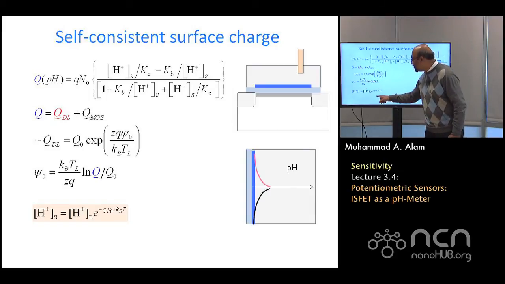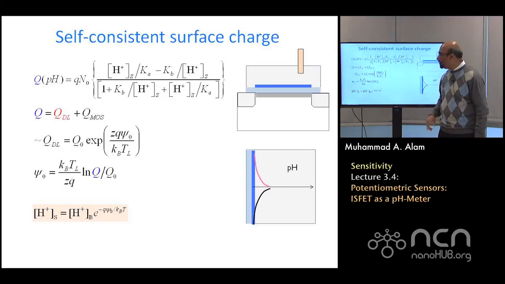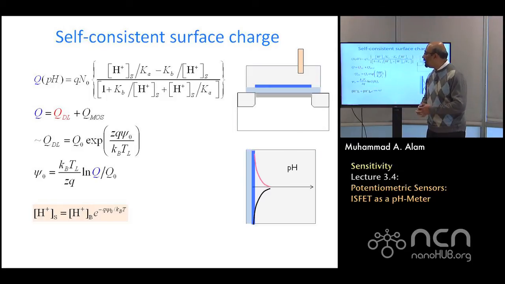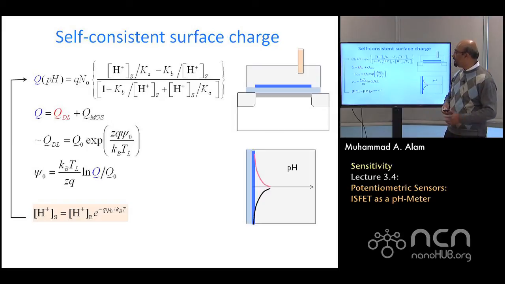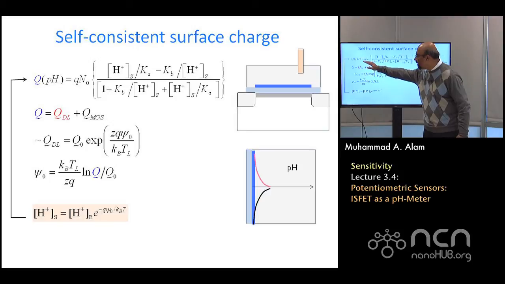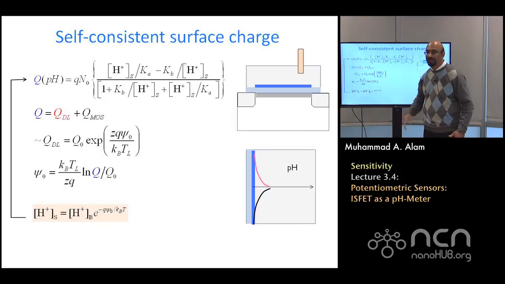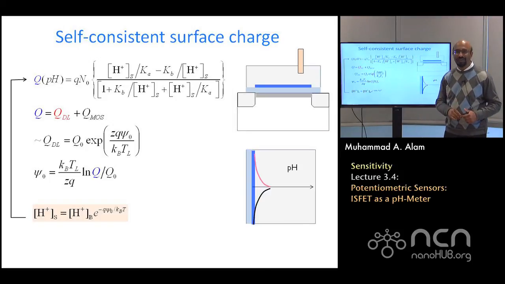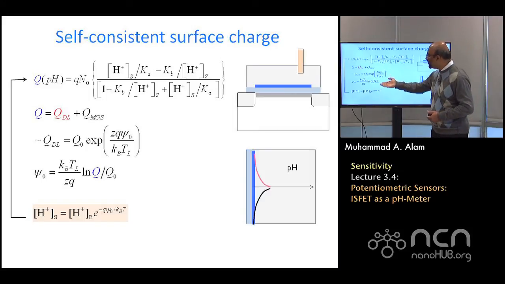Once you know psi naught, you put this value of psi naught in. With respect to the bulk solution, therefore, the concentration may either increase or decrease depending on the sign of psi naught. And then you put it back in there, over here. Do a new calculation for Q and go through this process a few times, until generally once is good enough, until you have a full solution.